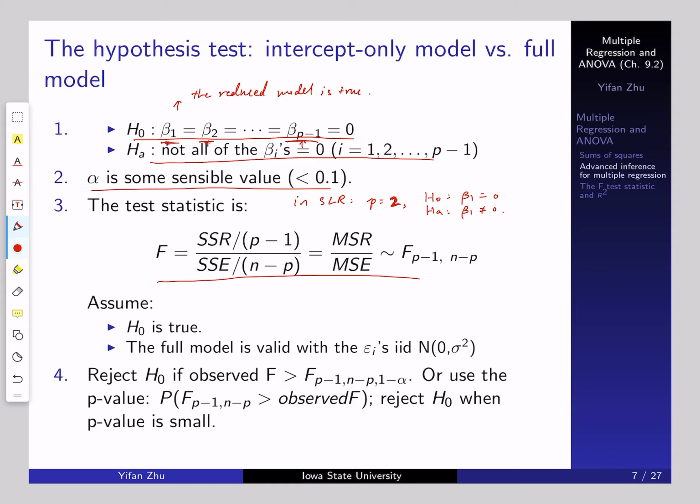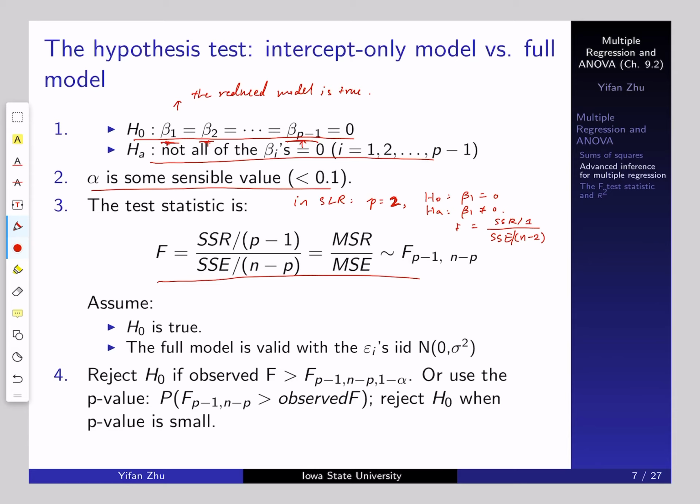For SLR, the F we use is SSR over 1, because p is 2 for SLR, and SSE over n minus 2.